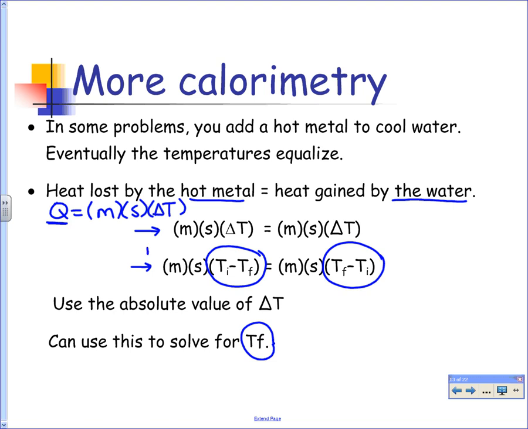For the metal side, we want to take the mass times the specific heat, and instead of doing our normal T final minus T initial when we're doing change in temperature, we're going to switch it up, and we're going to do T initial minus T final. This is just for math here, and you really just need to memorize this little switch.